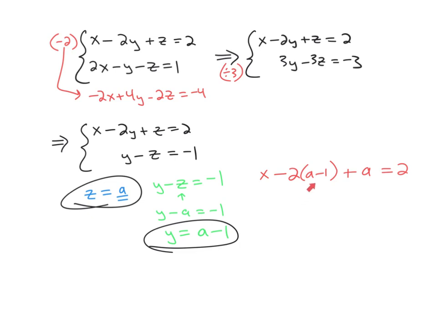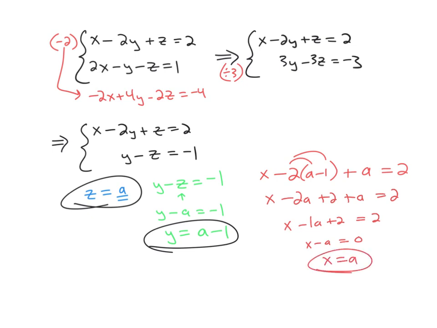So I substituted this for y and this for z. So I end up with x minus 2a plus 2 plus a equals 2. I'm solving for x. So if I put my two a terms together, I get minus 1a plus 2 equals 2. If I subtract 2 from both sides, I get 0. And if I add a to both sides, I get x equals a.